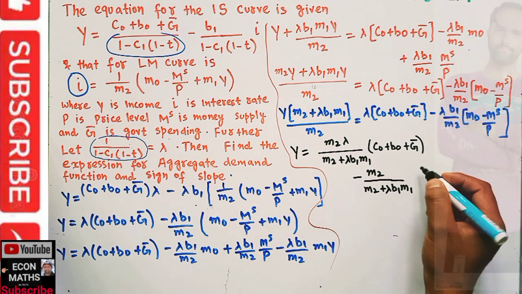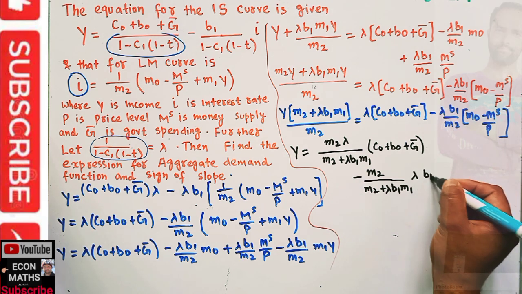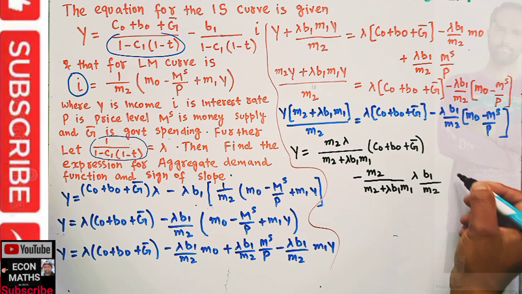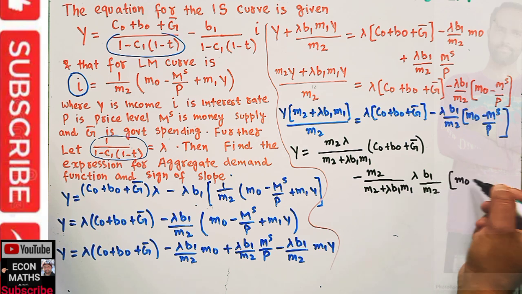Then we have lambda b1 upon m2, and this term (m naught minus ms) upon p.